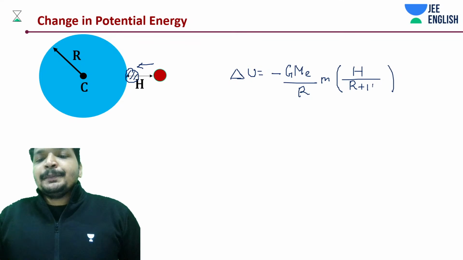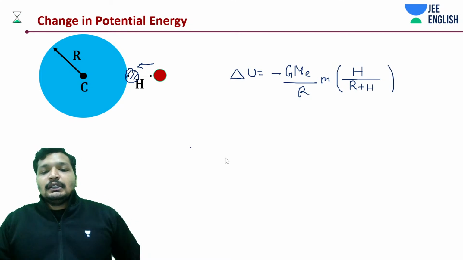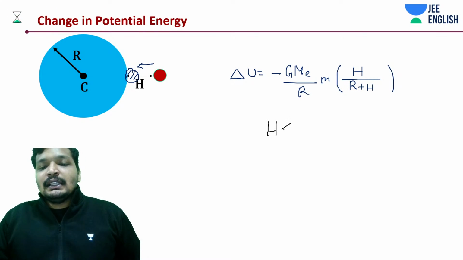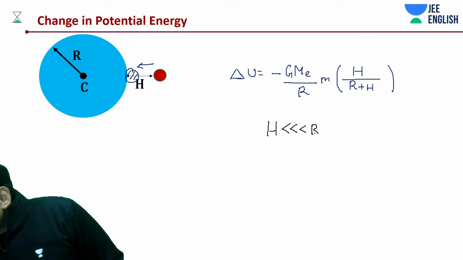Now the thing is, let's say this height is not that significant. This height is less than r, very tiny.